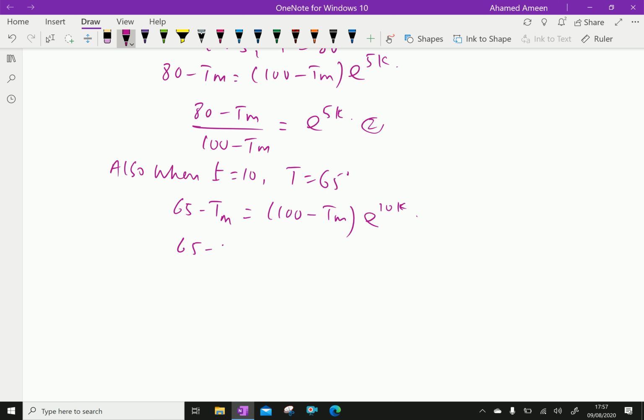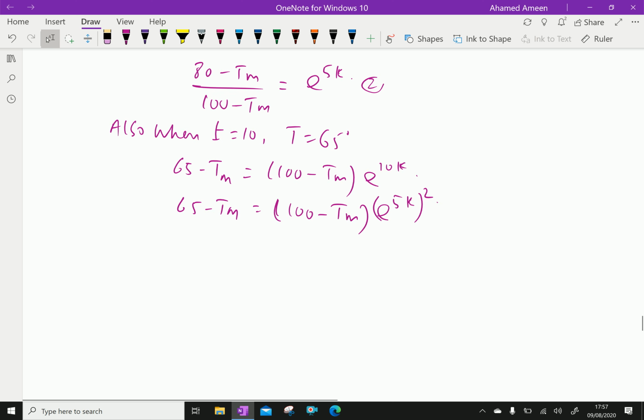Therefore 65 minus Tm equal 100 minus Tm e power 5k the whole square, because e power 5k whole square is e power 10k.